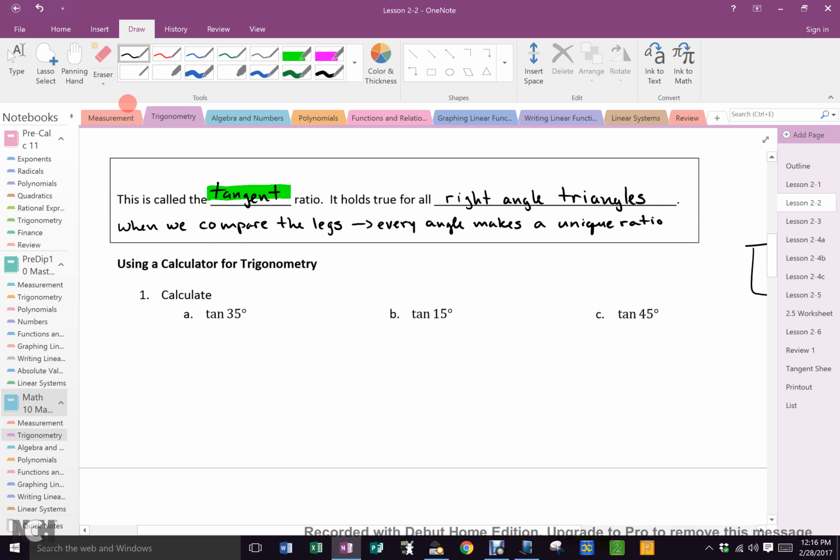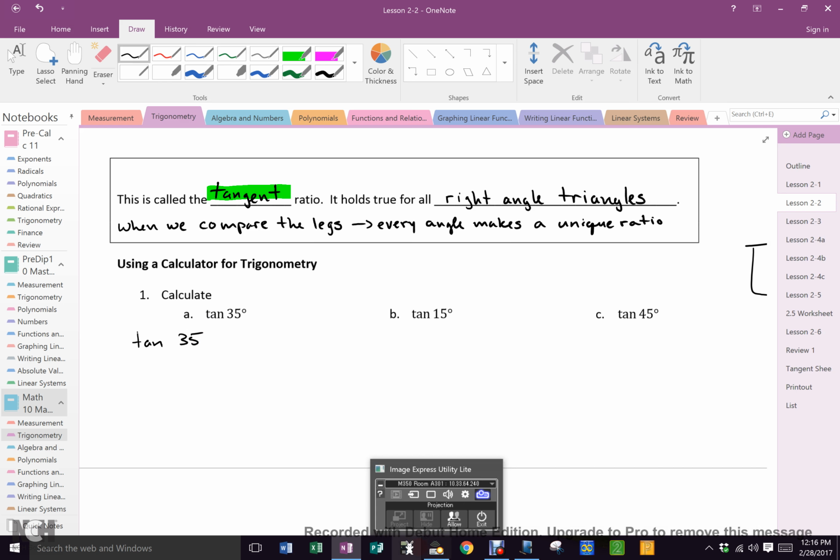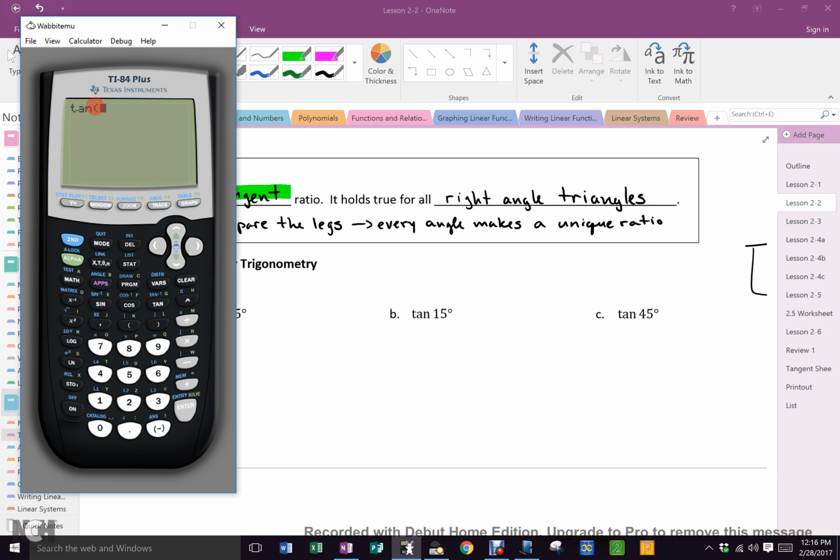So if it writes the word TAN, to do this question, you are going to push the word TAN, then you are going to push 35, and you may, if you're like mine, it will show a bracket. You want to start getting in the habit of closing that bracket and then pushing equals. So all of you with a forward calculator should have a screen that shows 0.700 and a bunch more numbers.